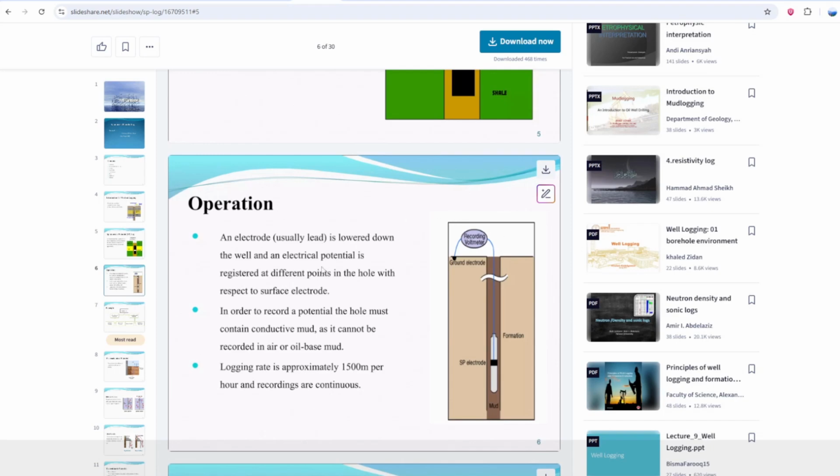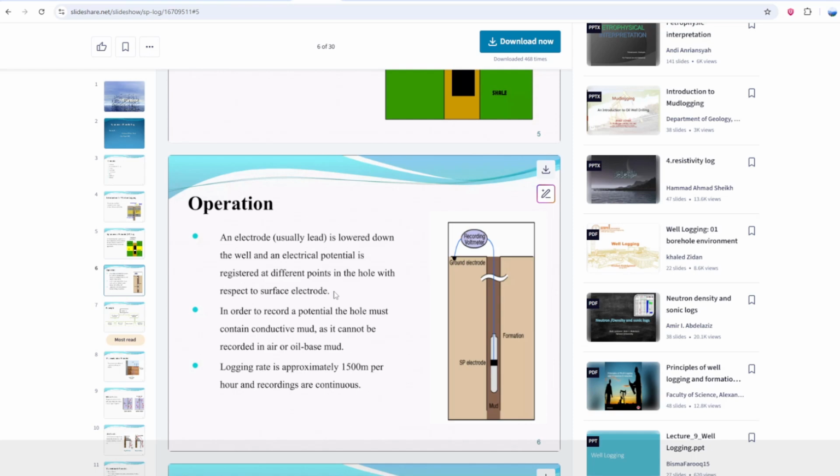So you have an electrode, usually lead, lowered down the well, and an electrical potential is registered at different points in the hole with respect to the surface electrode. In order to record a potential, the hole must contain conductive mud, as it cannot be recorded in air or oil-based mud. So we need to have a conductive mud to run this operation.